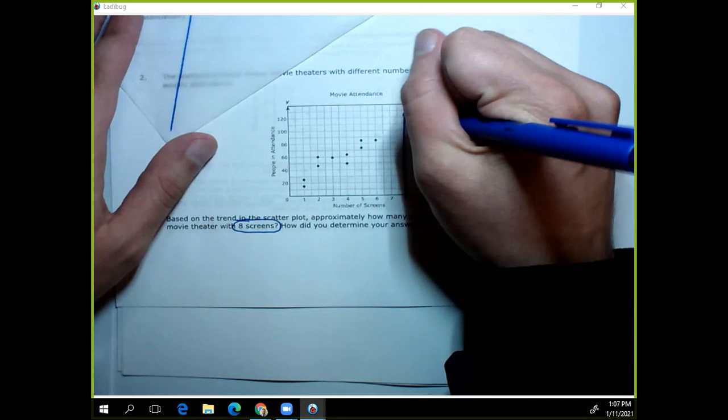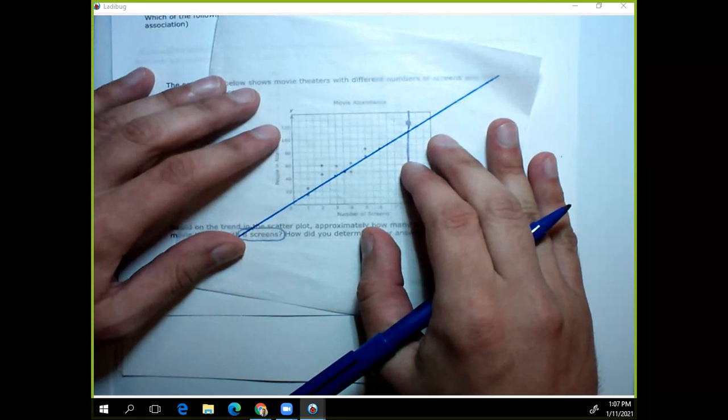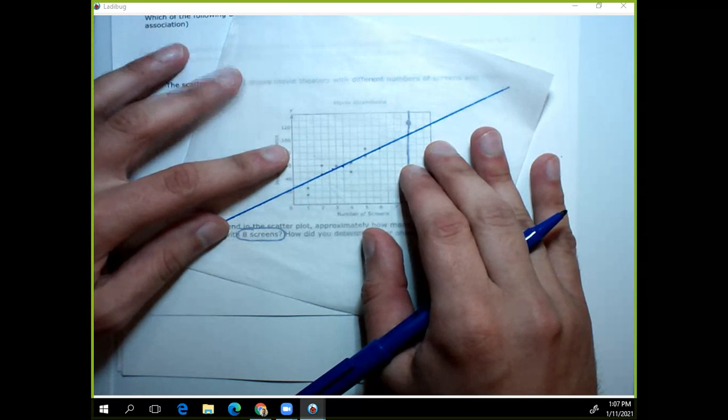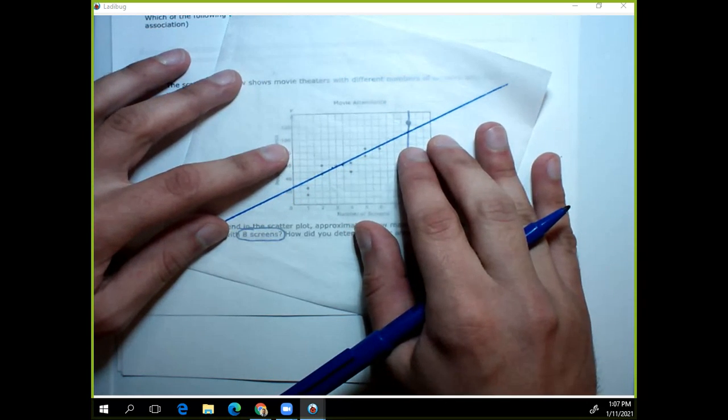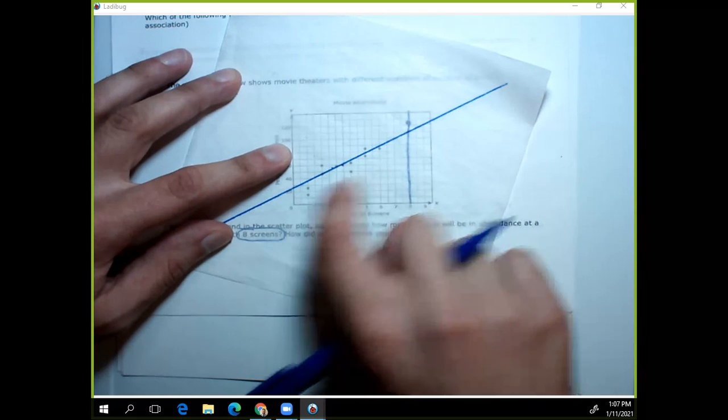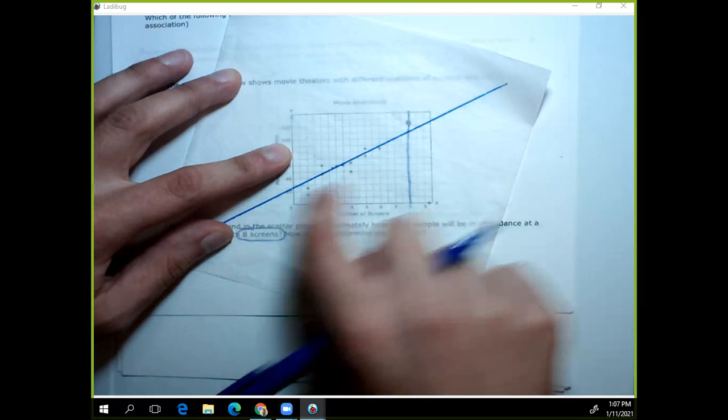All right, so I'm getting a little bit over 120. A lot of people in previous classes were getting about 110. Now, if I'm at 110, it looks like it might be kind of in the middle right here, but then we're neglecting all of these scatter plots down here.